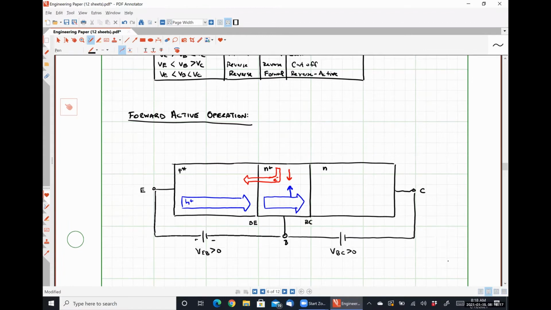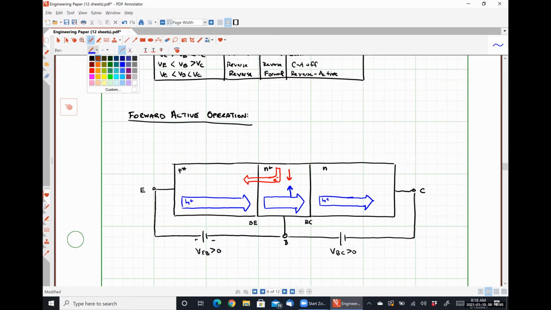All right. So in our PNP transistor, the amount of holes that get swept through from the emitter to the collector, so the amount of holes in the collector region, is smaller than the amount of holes in the emitter region.